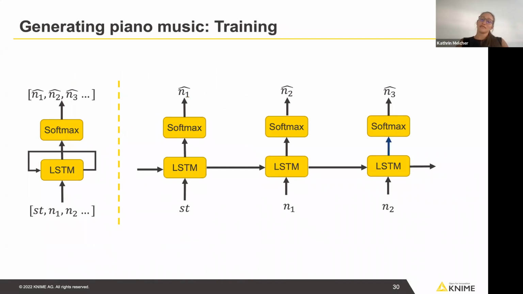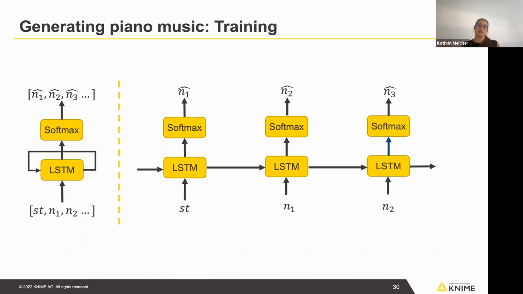Using just a recurrent layer wouldn't be enough for our network, because what we would get out of this LSTM network here is just a really big hidden state. But what we actually want is to get our next note. So a network structure where we would have just an input and then the LSTM, which is a type of recurrent layer, and then right away the output wouldn't work.